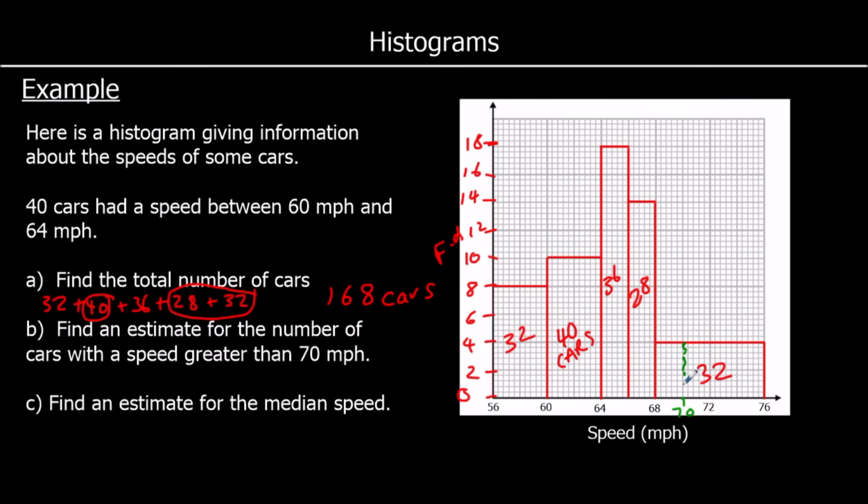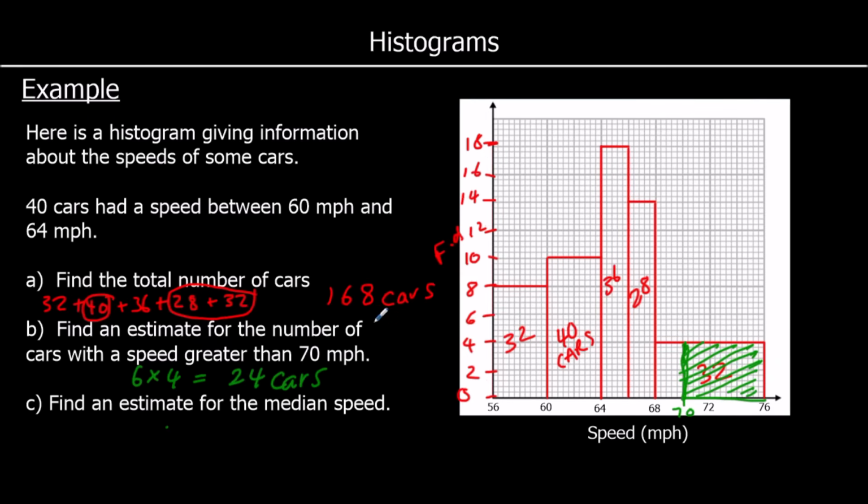So if I draw a line down here, how many cars make up this shaded part of the box? So the area is the frequency. So it's got a base of 6, a height of 4. So 6 times 4 is 24 cars.